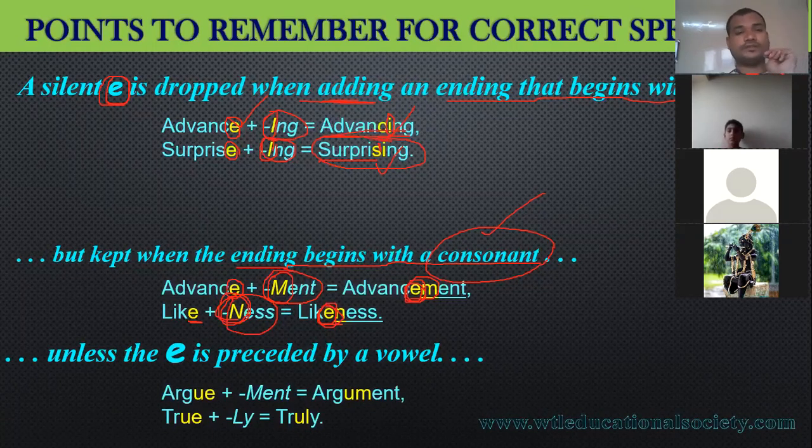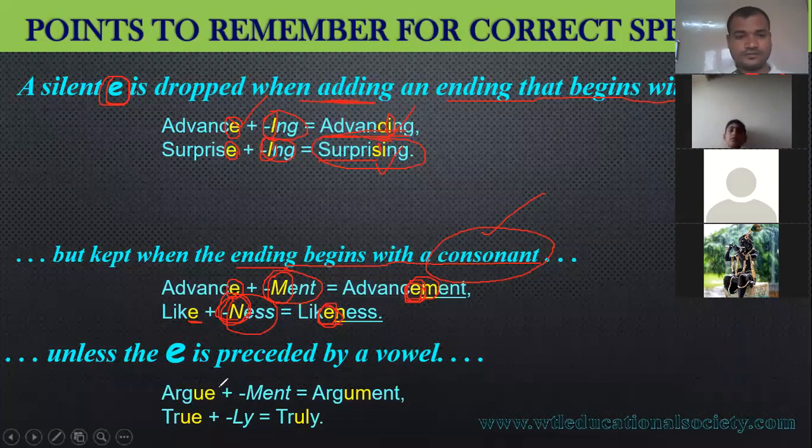The third point: unless the letter E is preceded by another vowel. If it is preceded by another vowel, then we have to drop letter E. See the examples.